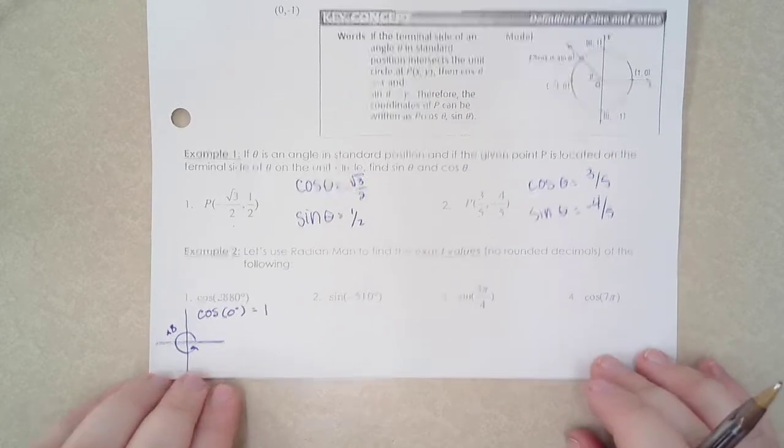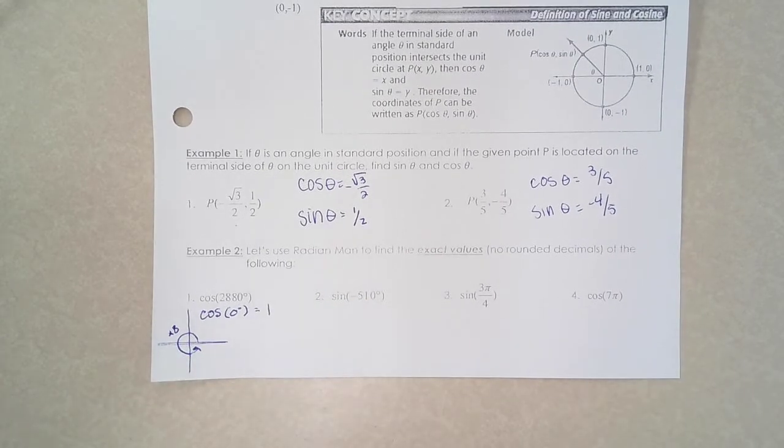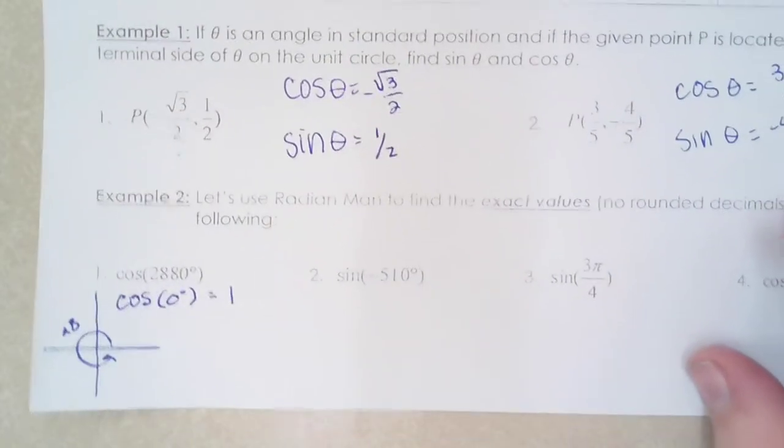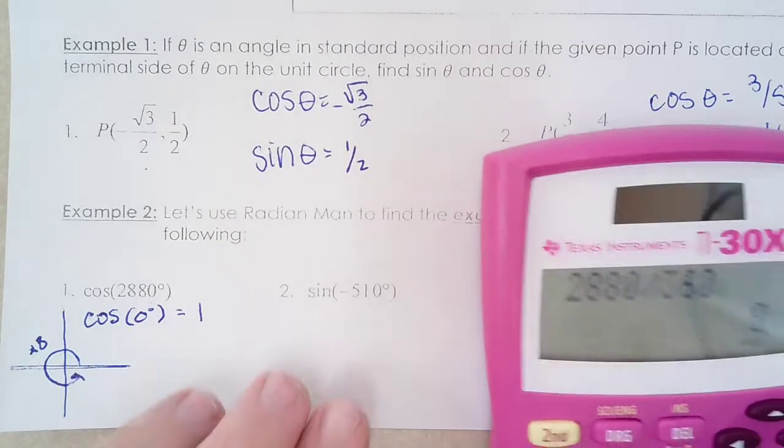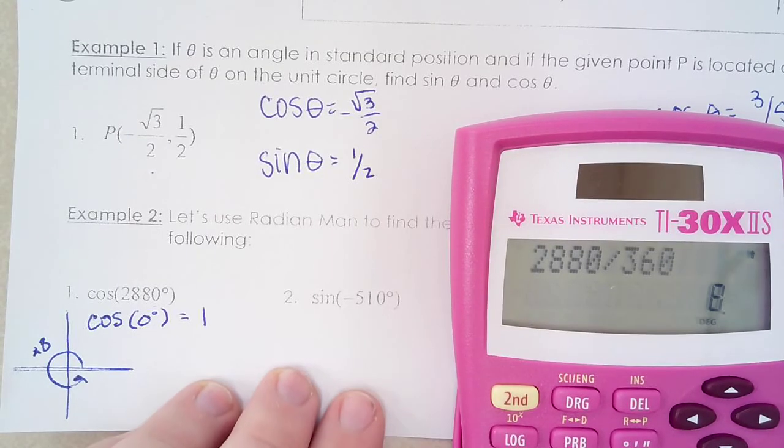For our next one, we have sine of negative 510 degrees. Trying to see if this helps us at all. It does a little bit. So sine of negative 510 degrees is again not between 0 and 360. To find a coterminal angle, I'm going to say 510 divided by 360.